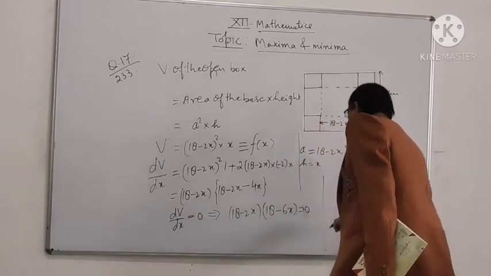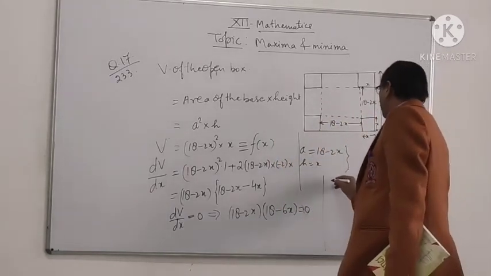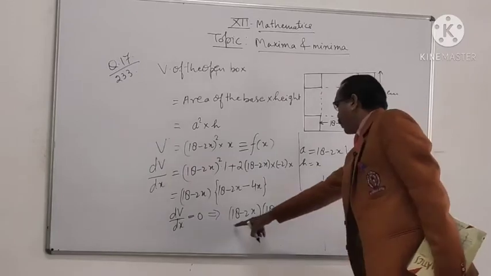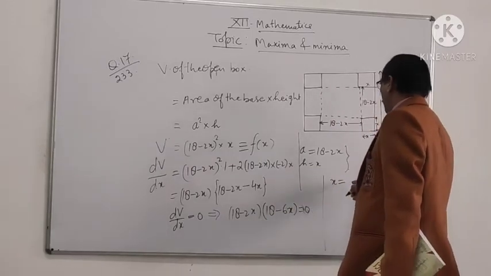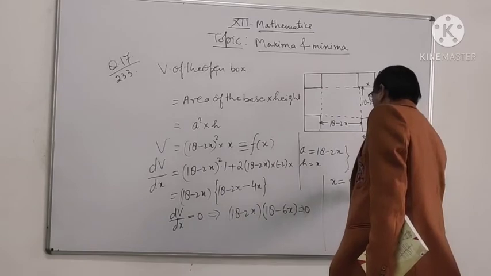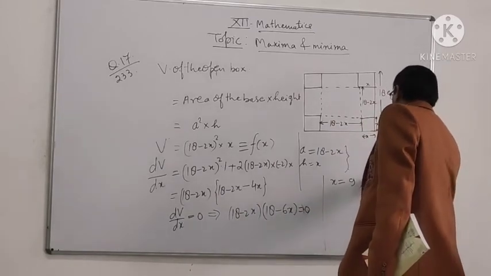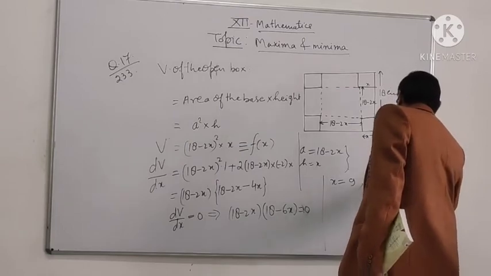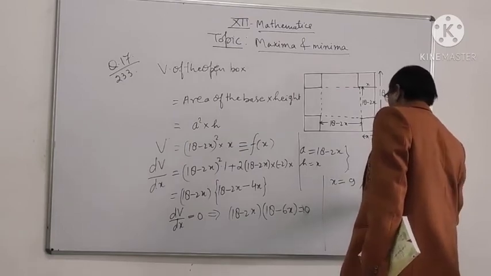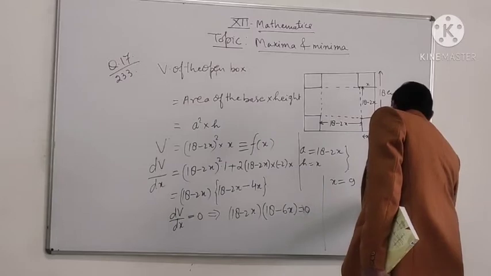From this, we will get two values of x. When 18 minus 2x equal to 0, then x equal to 9. And when 18 minus 6x equal to 0, then x equal to 18 upon 6, and that is 3. x equal to 3.